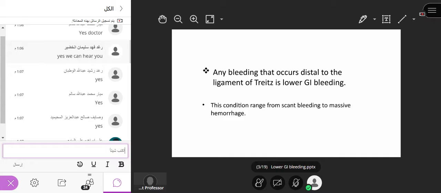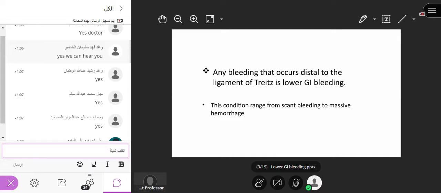This is the cutoff point, the duodenojejunal junction. So the duodenum and proximal is upper GI bleeding, and the jejunum and distal is lower GI bleeding.